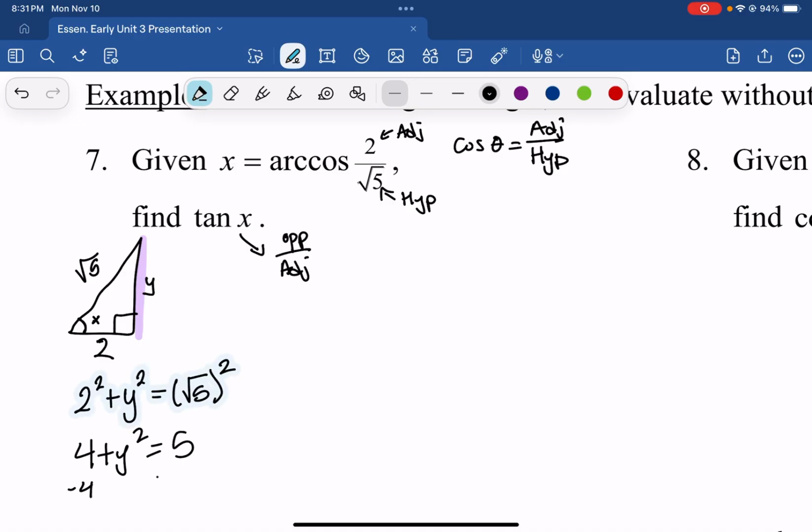Subtract 4 from both sides, so y squared equals 1. Then tangent of x is equal to opposite over adjacent, so we get 1 over 2.